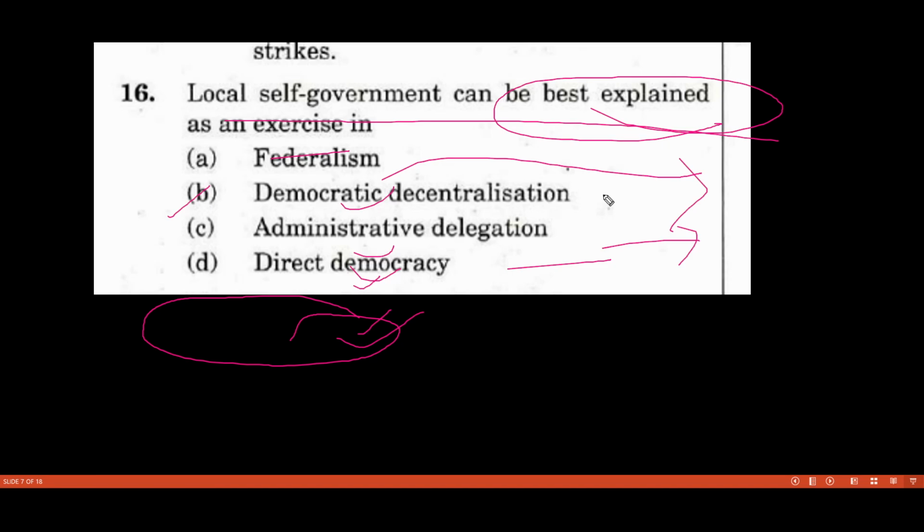Whenever any issue is discussed in the Gram Sabha, the participants take the decision about what will happen. So yes, there is an element of direct democracy involved. But see what is given: can be best explained as. So what it is, is democratic decentralization.